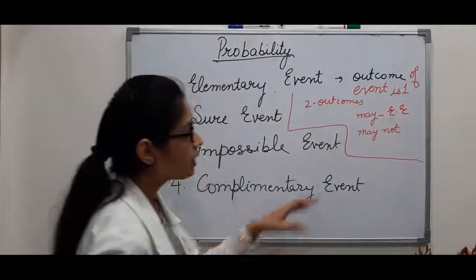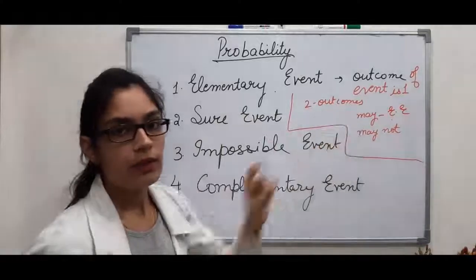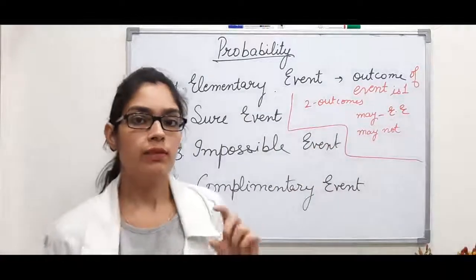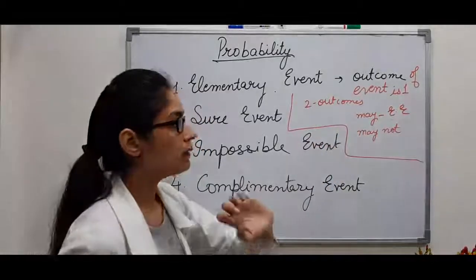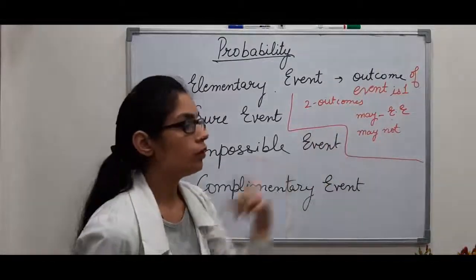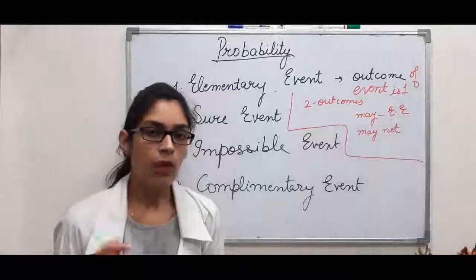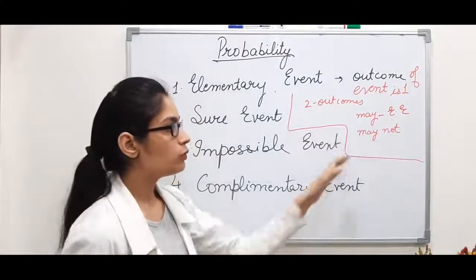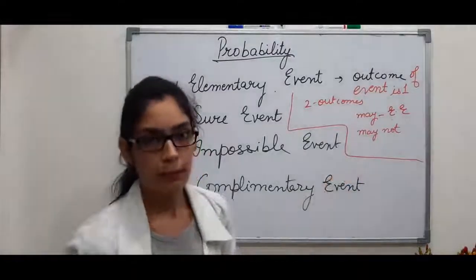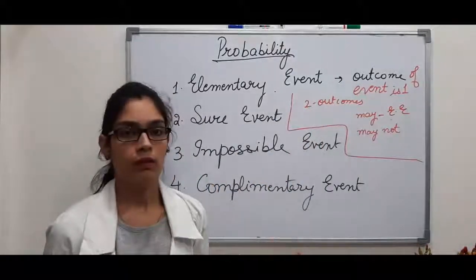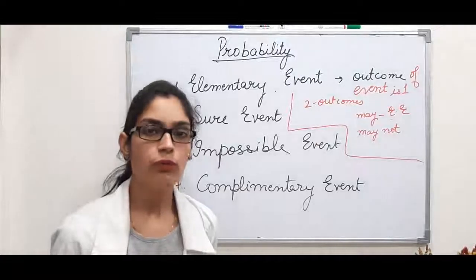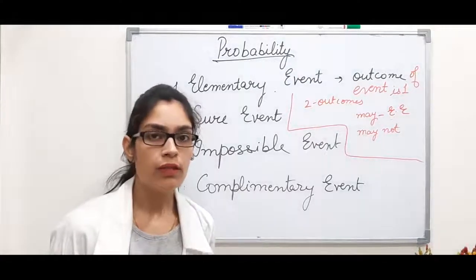See, it may rain today. This is one single outcome. So this is referred to as elementary event. It may not rain today. It is again one single outcome. So again this is elementary event. So if you have an experiment, the entire outcomes will be your elementary events.